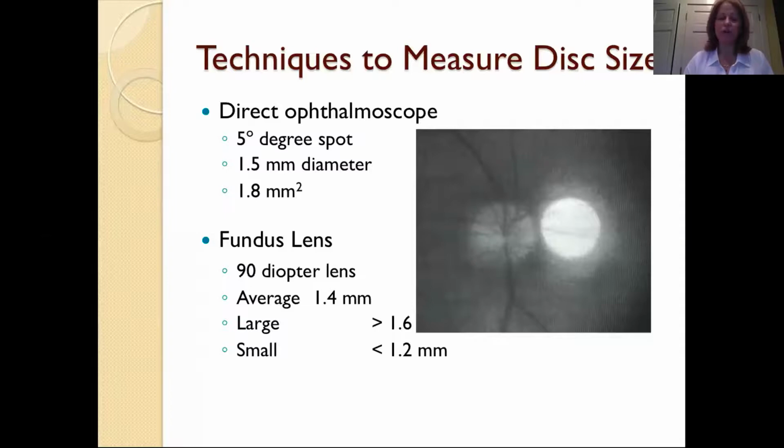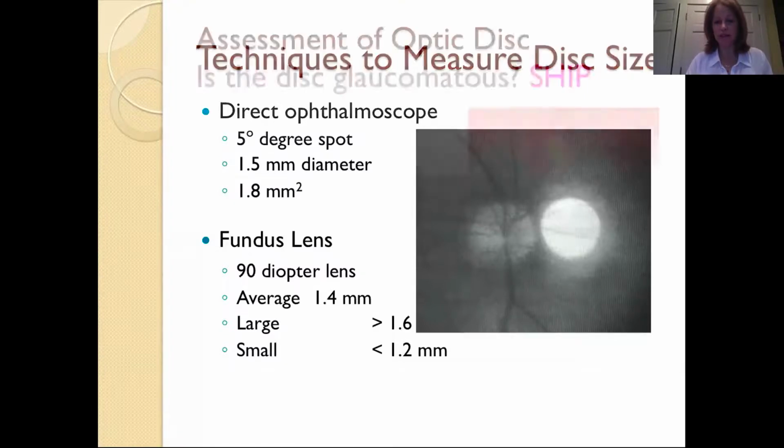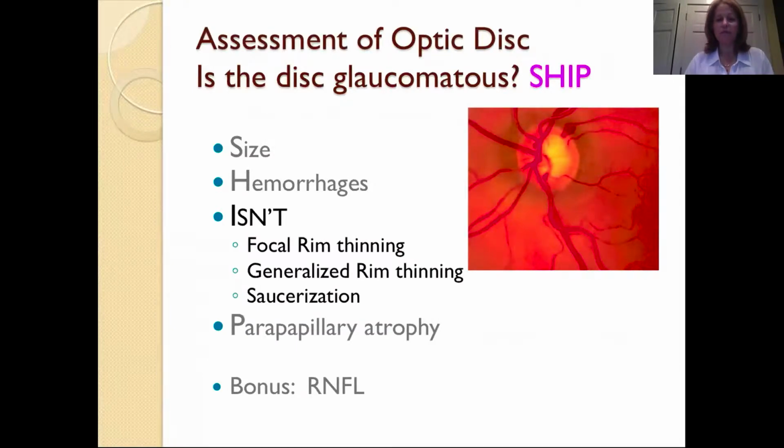There are different correction factors for the different lenses. For a 90 diopter lens, the optic nerve on average is 1.4 millimeters in vertical diameter. A large optic nerve would be 1.6 or greater, and a small would be 1.2 or less. So that's size. So first thing, assess the size.